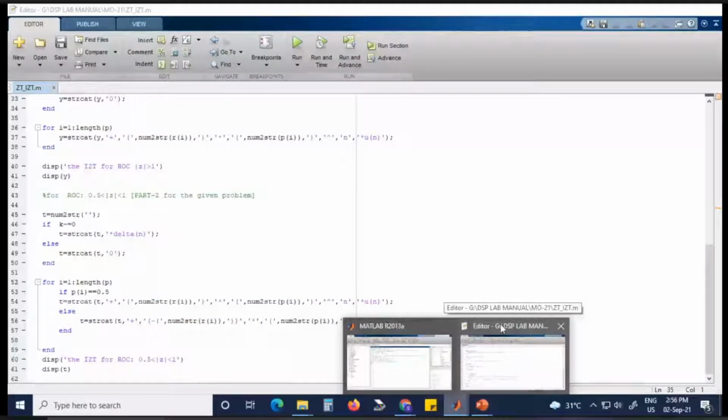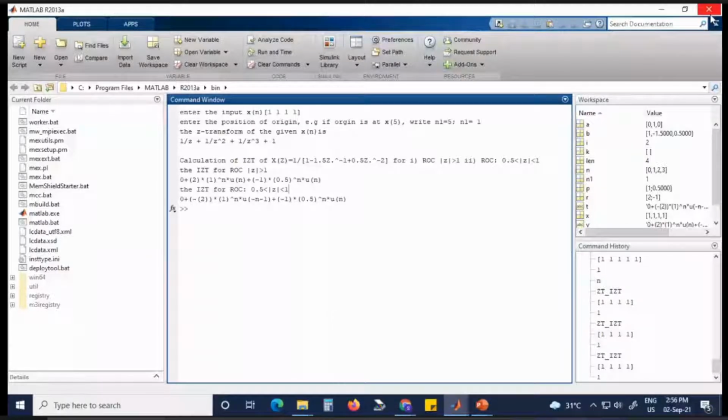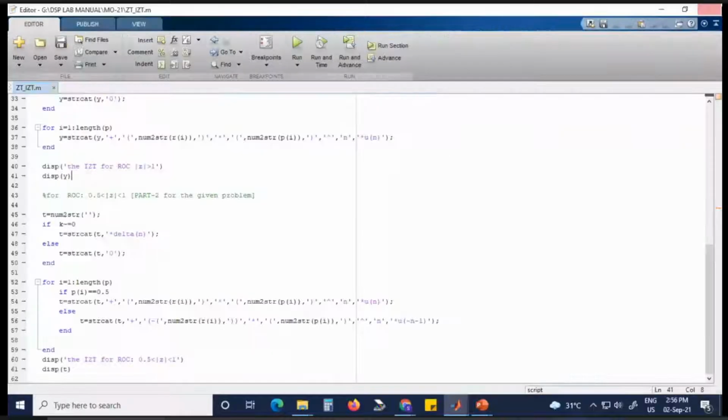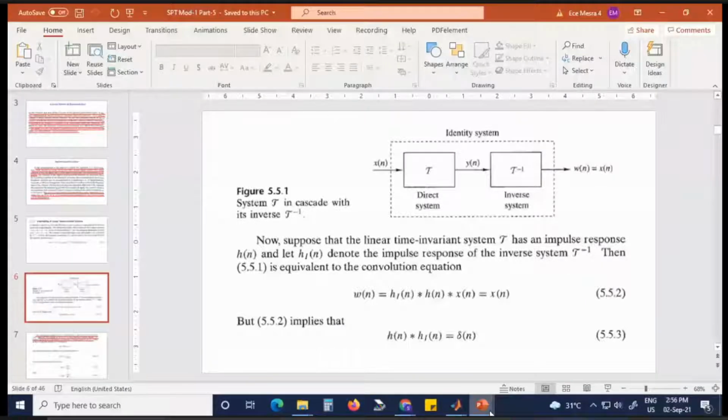So now I close this, and coming back to our original theory class. So we have discussed the FFT algorithm.